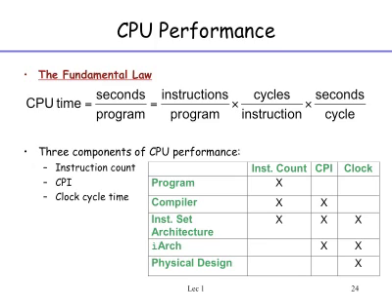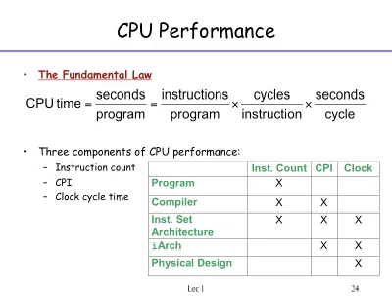The CPI is determined by the compiler, the instruction set, and the microarchitecture. We'll learn more about this, but you have to make sure you understand that clock cycles per instruction is heavily determined by the instruction set architecture, the optimization techniques used by the compiler, and also by the underlying microarchitecture.